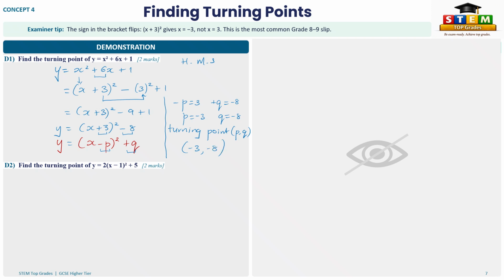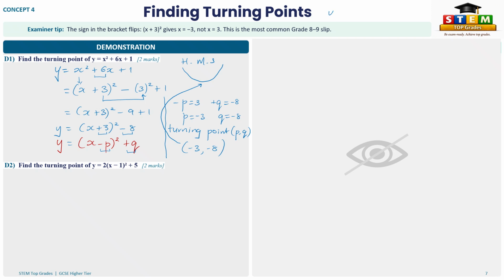What does that mean, turning point? As you can see, the graph is a quadratic graph. So the turning point that we've just worked out is this particular point at the bottom of this U-shaped curve.